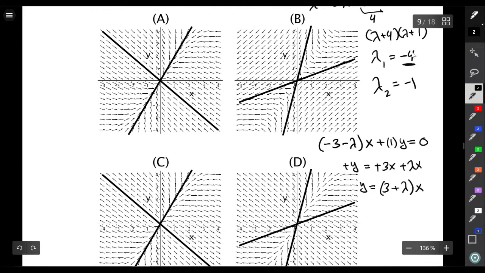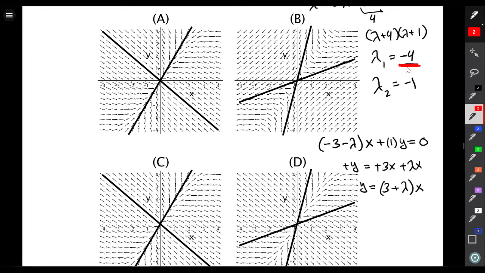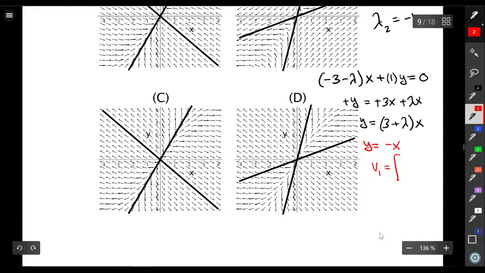So we have 4 right over here. I'm just going to write this one in red now. So we have our first eigenvector: y is equal to -4, which would be equal to -x. Because it would be -1 in here, it would be -x. You're going to write its eigenvector. So v1 is equal to (1, -1).